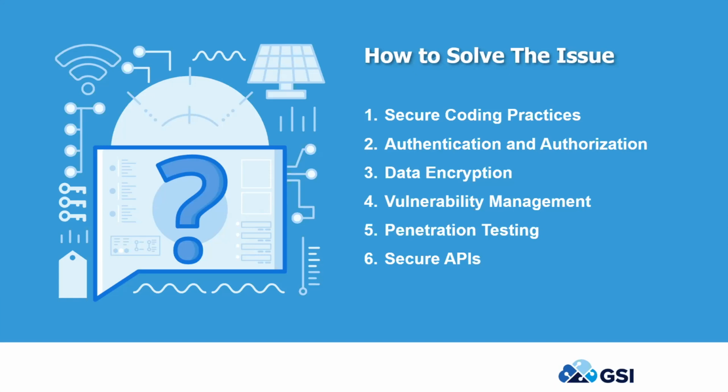In the back end, you want to have your data encrypted. So if somebody takes something, they can't really do much with it if you're using a strong encryption methodology.